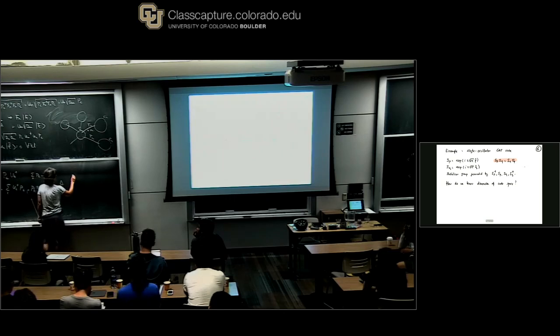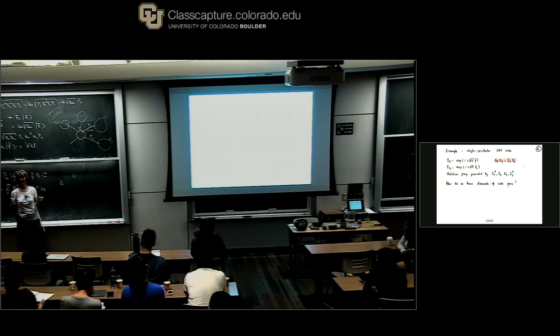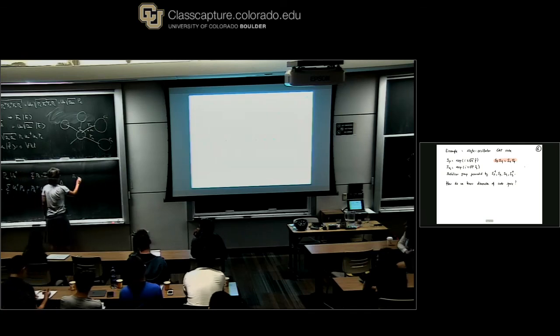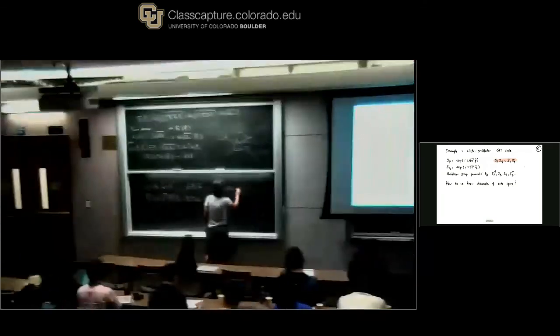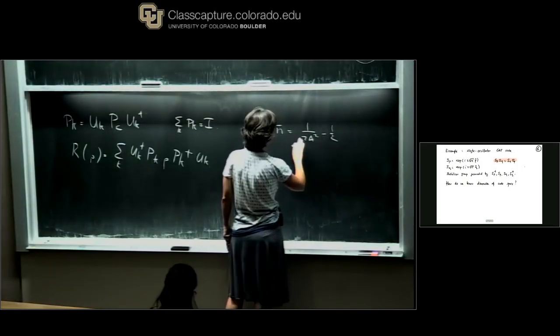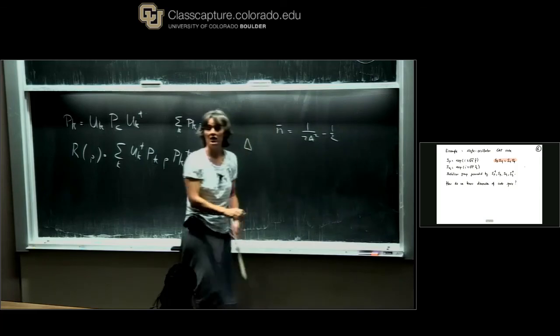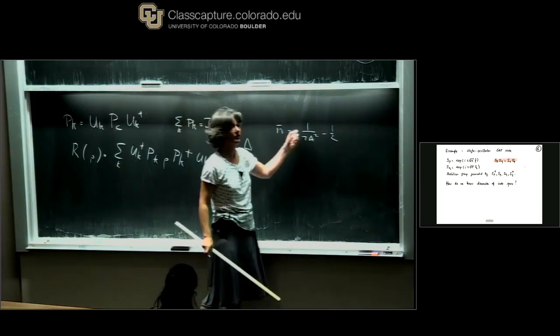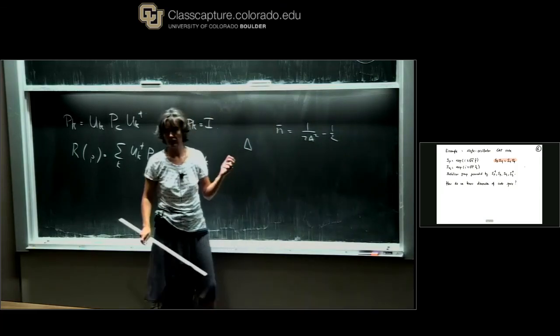These states are kind of squeezed in both quadratures because they're approximate eigenstates of both S_P and S_Q, and you can translate how much you are an eigenstate of each as a squeezing. It scales like this: the more squeezing you have, the higher your photon number is.